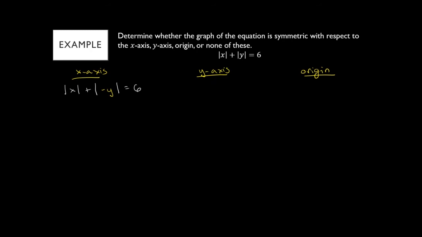So the absolute value of that negative cancels out that negative. We saw that in a previous example. So this simplifies to the absolute value of x plus the absolute value of y equals 6, because the absolute value removes the negative. Now, it doesn't remove the absolute value around the y, because we don't know whether y is positive or negative, but we can for sure remove the negative because it makes things positive. And so that gives us our same equation. And so we have x-axis symmetry.